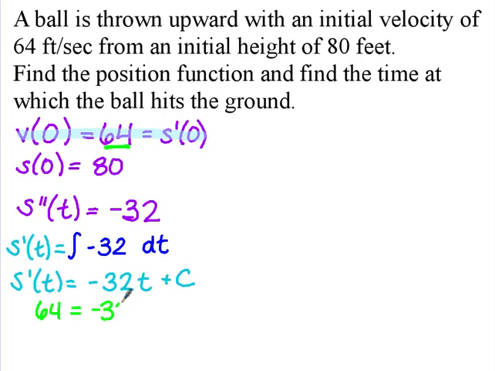So I've got negative 32 times 0 plus c. So what does c equal? 64. So my equation for my velocity is going to be negative 32t plus 64.